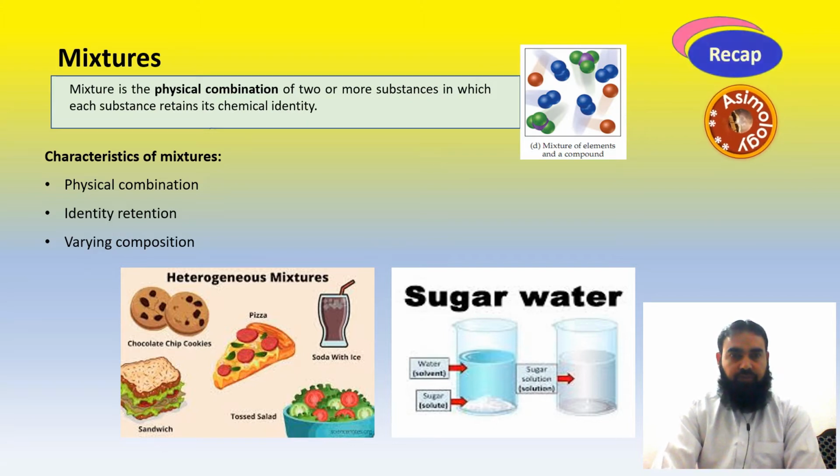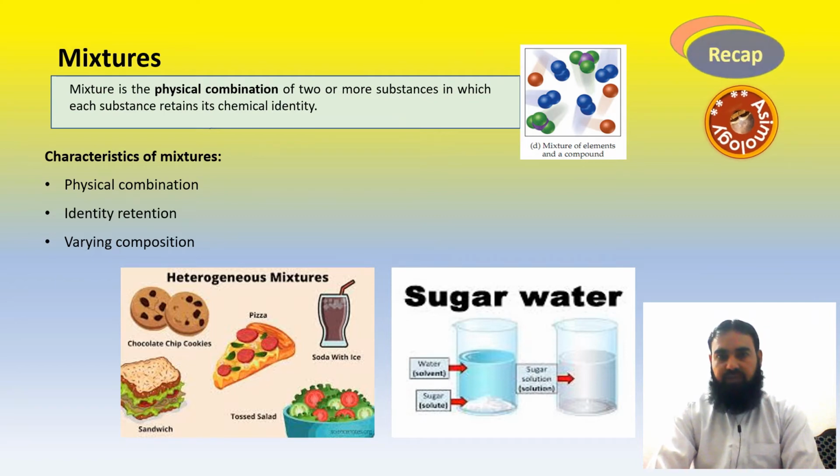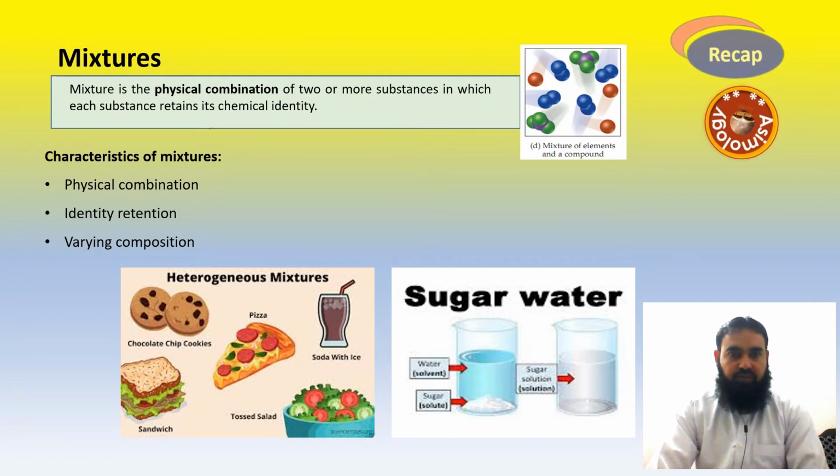In contrast to compounds, a mixture has different properties. A mixture is a physical combination of two or more substances in which each substance retains its chemical identity. Now again, the critical term used in this definition is physical combination.